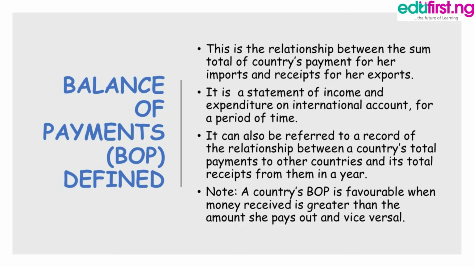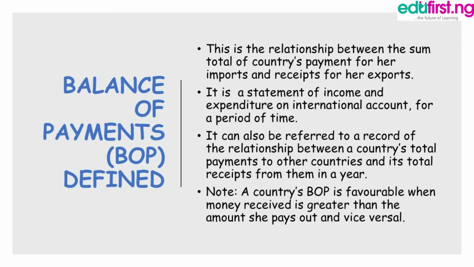So a country's B.O.P is favorable when money received is greater than the amount it pays out, and vice versa. So it can be unfavorable too. Just the same way, when you receive money, you feel happier than when you give out, because you have more when you receive. The same way, a country's B.O.P is favorable when money that comes in is more than the money that goes out.